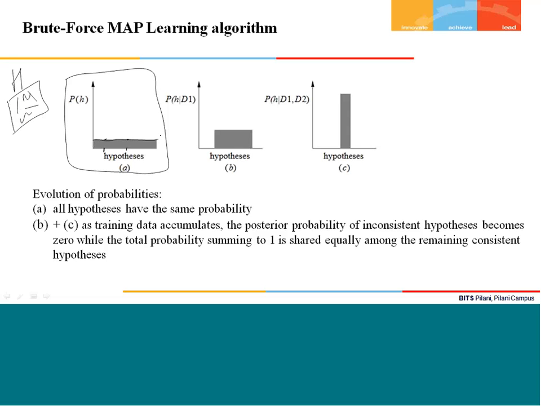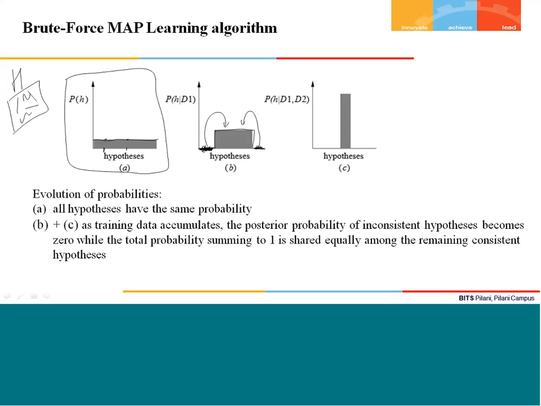But once you see the data and find out this hypothesis is not consistent, it gets zero. Let's say these hypotheses are inconsistent. So all the mass over these hypotheses will go away, because the probability of seeing the data using these hypotheses is zero. Because the sum must be 1, this mass gets moved over here, and it will increase.